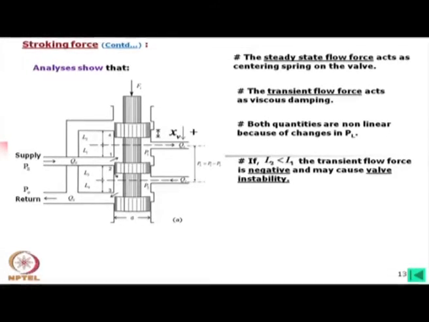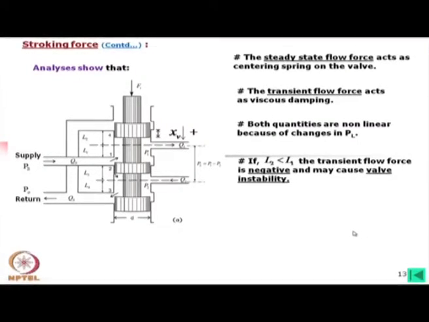Then it will become 0, there will be no transient force in that case, but it is again not good, because there should be some damping. Too much damping is not desired. Again, if there is no damping, it will also be a problem. So, somewhere we have to compromise.